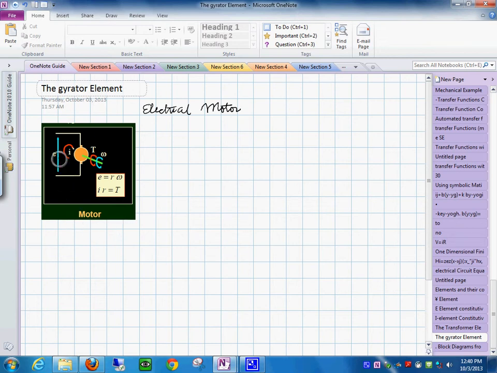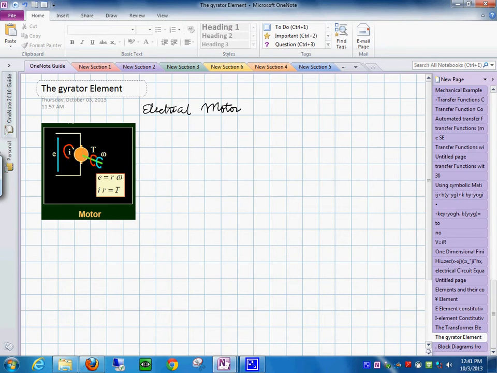But the idea is that if you apply a voltage here to the armature that is between these magnets, this thing will rotate and that shaft will produce on this side a torque and an angular velocity, and then on this side you have the voltage and the current that circulates here.